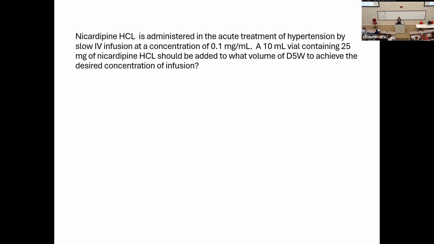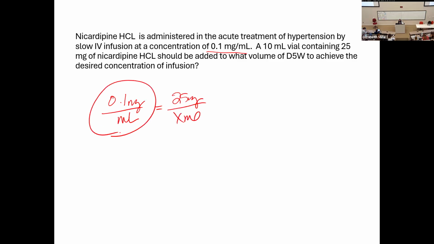It's a little trickier, kind of like a backwards question. We know our desired concentration is 0.1 milligrams per mL, and we want to know what our final volume needs to be if we add 25 milligrams to a bag to keep this concentration the same.